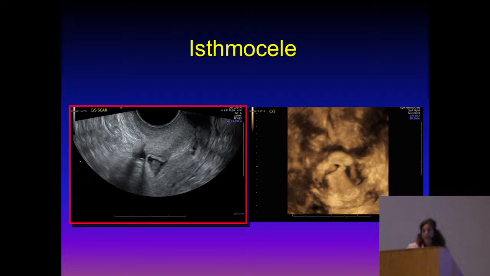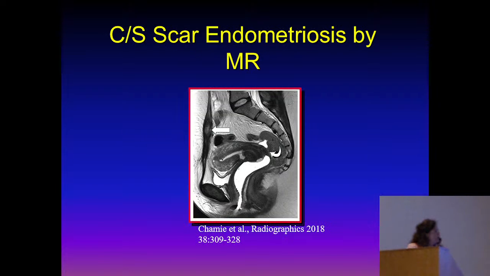It's so common that if you see a small Isthmocoele and they're not having drainage into the cavity or vaginal discharge, then we're not repairing them all. We can talk about these things later. And this is on MRI. You can see the C-section scar and the Isthmocoele here, but you don't really need MRI.